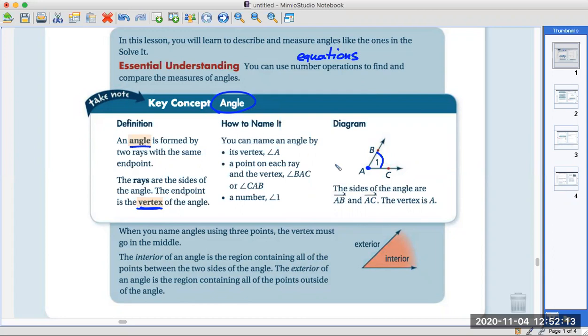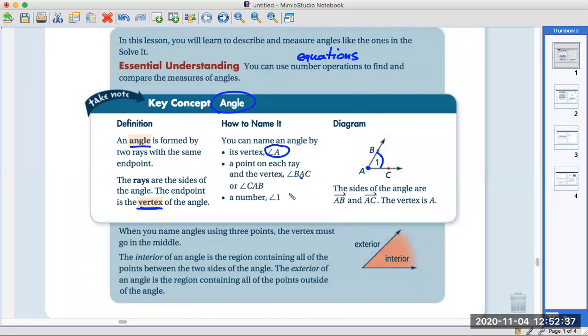And how you can name an angle, there are three ways. You can name it by the vertex, so this would be angle A, because A is the vertex. You can also name it by three points, one on each ray and the vertex. When you name it using the three points, the vertex has to be in the middle.